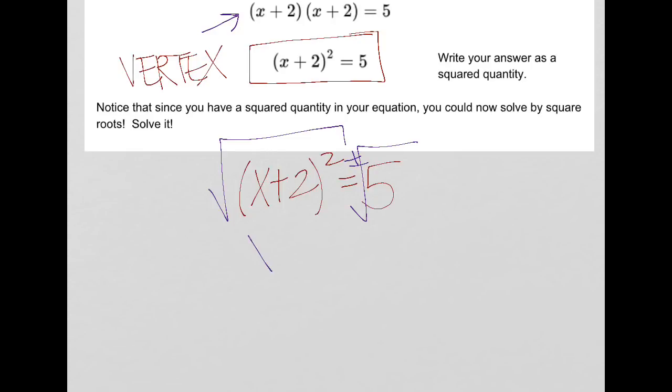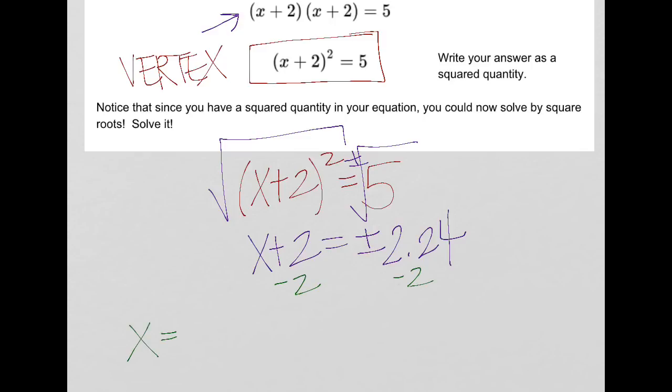So on the left side we have x plus 2, and on the right side we have positive and negative square root of 5, and you might want to grab your calculator, plug this in, and you should get 2.24. Okay, so to get x by itself now, we want to take away 2 from both sides. So our final answer, x equals positive or negative 2.24 minus 2.